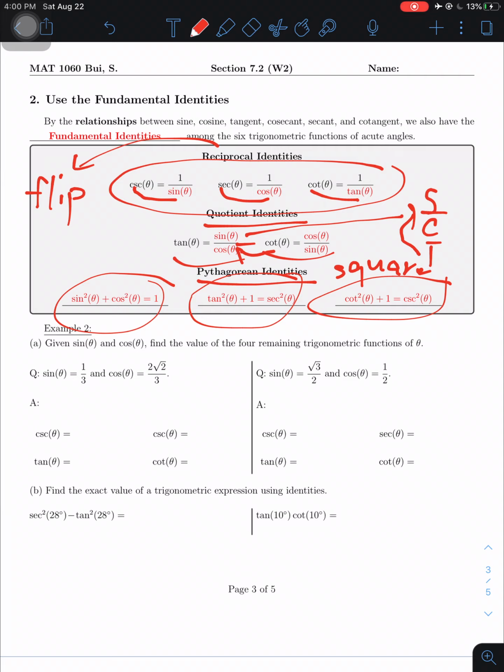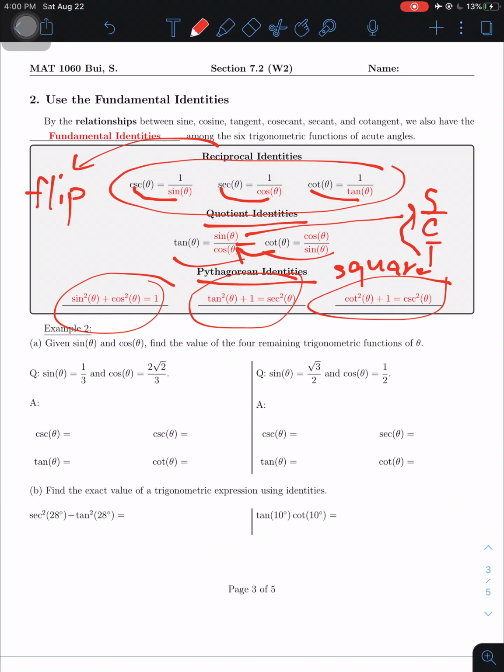Because originally from the Pythagorean theorem, we know that a squared plus b squared equals c squared, right? All three, a, b, c, have a square. So if you wonder why the 1 doesn't have a square, it's because 1 squared is 1. We're not going to write 1 squared because we know that 1 squared is 1 times 1, which is 1. So we rather use 1 rather than 1 squared.